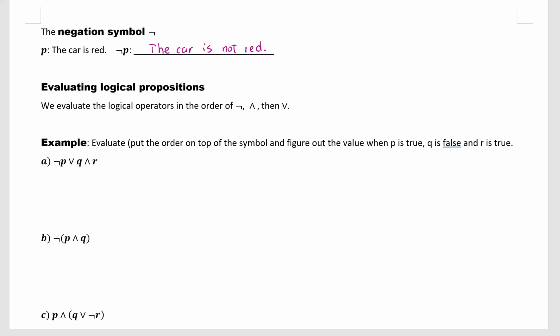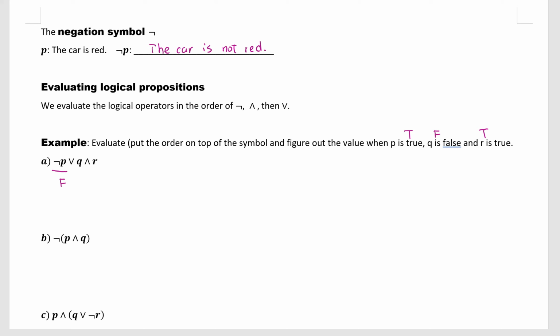Example, evaluate, put the order on top of the symbol and figure out the value when P is true. So P is true, Q is false, and R is true. Okay, so remember the order is not, and then or. So we look at the not symbol. So here we have not P. P is true, so not P is false, right?